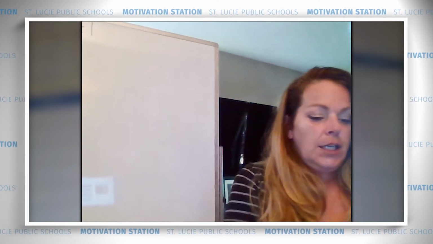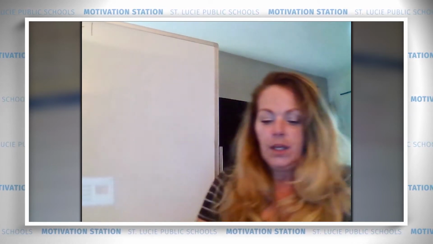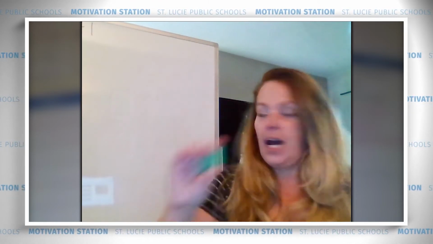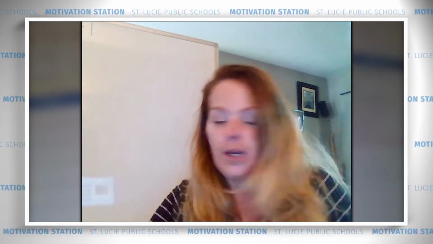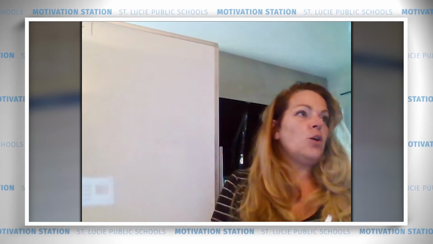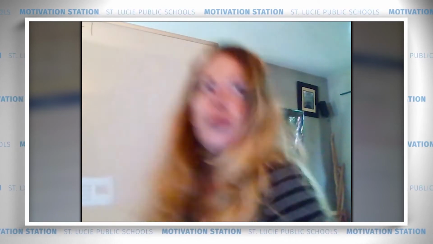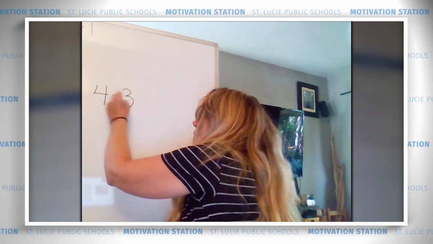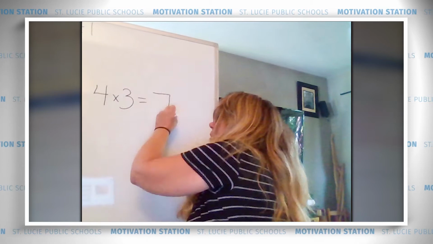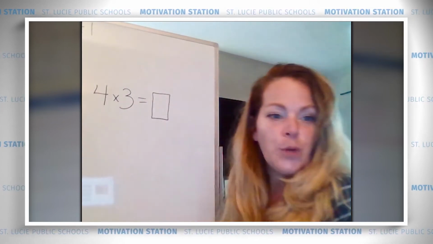All right, so today another thing we're going to do is we're going to work with our tiles again. Again, you don't have these manipulatives, but you can just draw it. So I'm just going to show you. So these would be the tiles that you would use, but we can just draw a quick picture, okay? So remember, we always go rows. So I'm going to do 4 rows with 3 tiles in each row. So I'm doing a 4 by 3 array. And I don't know the product.